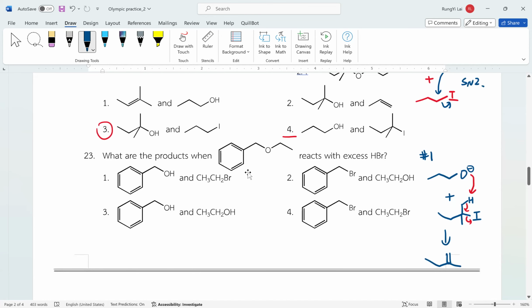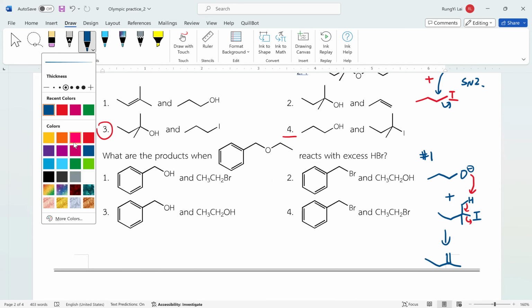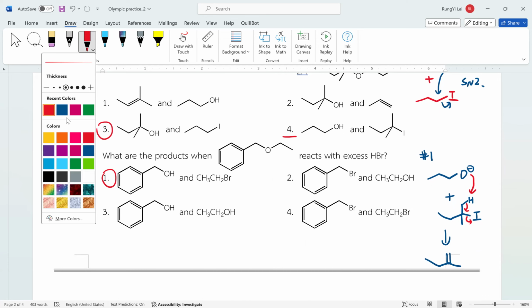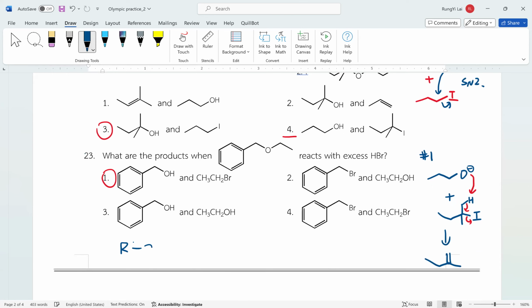So the next question is ether hydrolysis with excess HBr. The answer should be this one. This one we have discussed in class. In class we said if you have an ether in HBr, you are going to get ROH plus R'X.